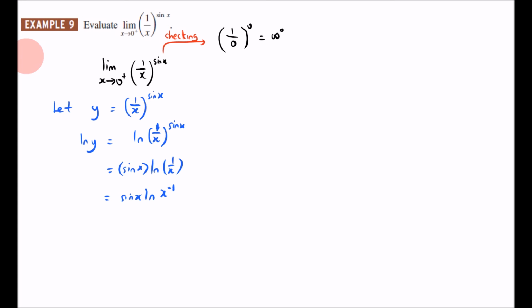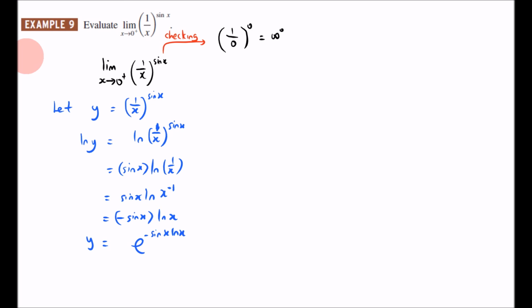Then you can bring down the power, so we get minus sine x times ln x. So y must be e to the power of minus sine x times ln x. So that's our first step.